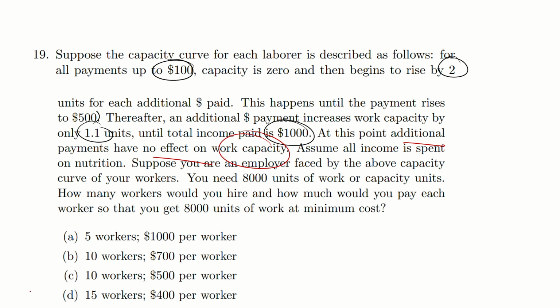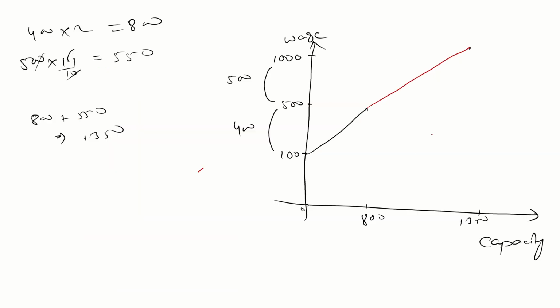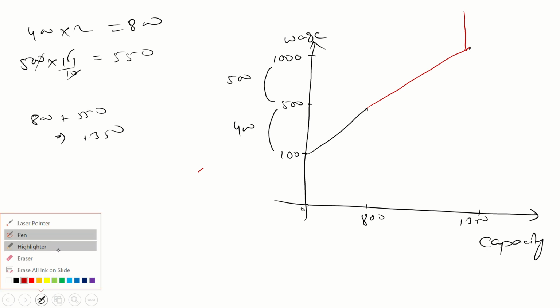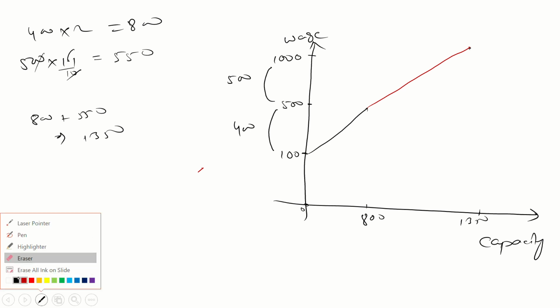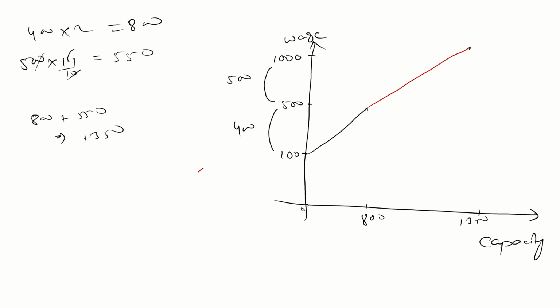If the wage keeps increasing after 1000, there will be no increment in the capacity value. Okay.